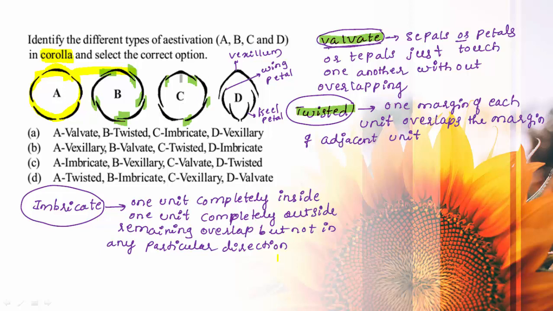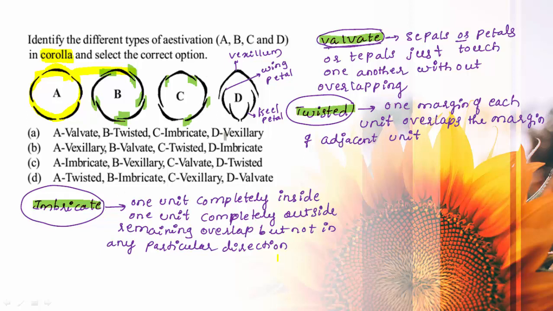One unit completely inside, one unit completely outside, and the remaining units half edge inside and half edge outside without any particular direction. The overlapping is not from any particular direction. That kind of estivation is called imbricate estivation.